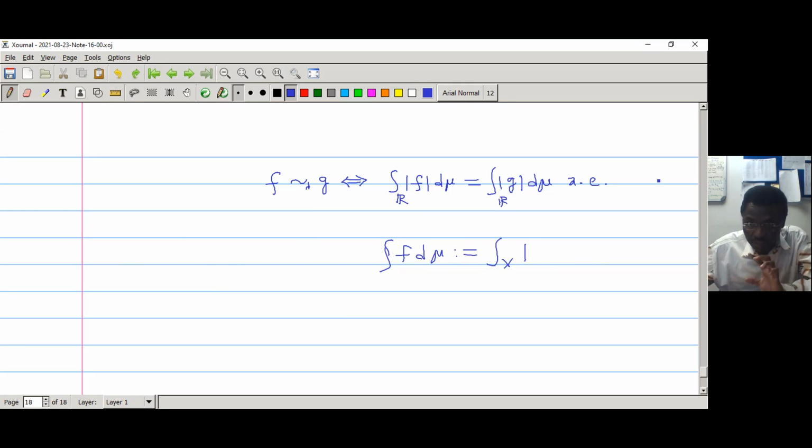Because when we say almost everywhere, it means that this will be true except for some point x. But the number of those points is negligible. That's what it means. The measure of x for which this integral is no longer true, or when I say for x, I want to put it in a proper way. Actually, this is what it means.